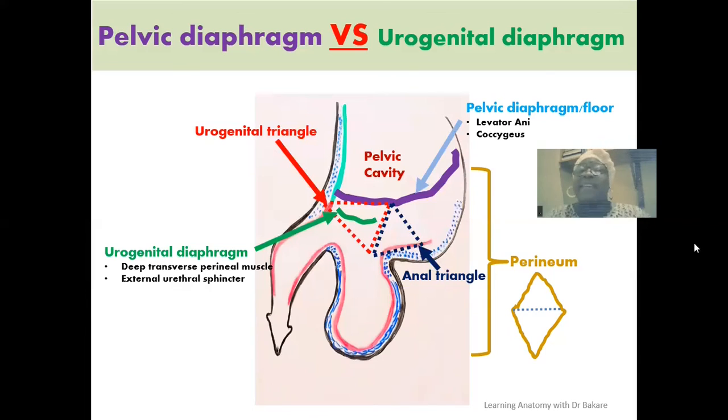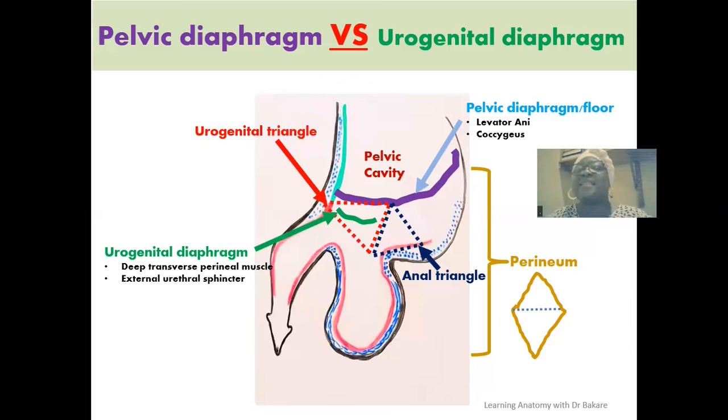So in summary, if you compare the pelvic diaphragm with the urogenital diaphragm, you'd see that in terms of structural configuration, they are made up of different types of muscle. Even though these two diaphragms are located within the pelvic region, they occupy specific regions. The pelvic diaphragm forms the inferior limit of the pelvic cavity, and if you look at the alignment, it runs around this space as a complete demarcating structure.